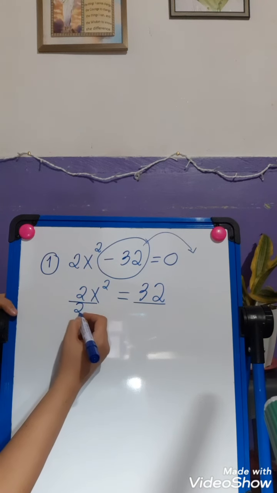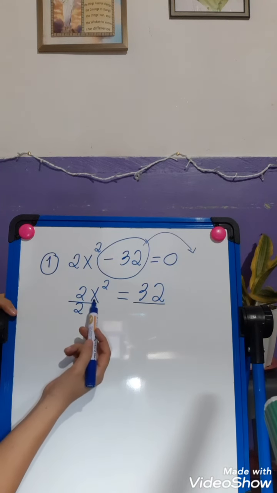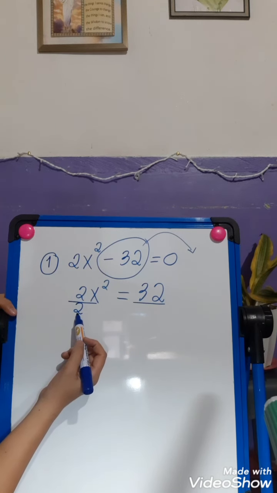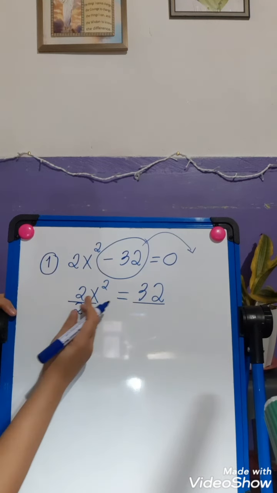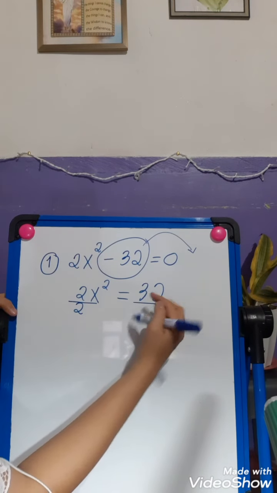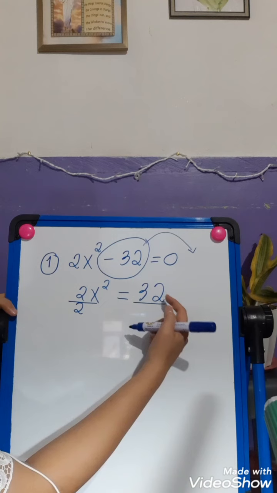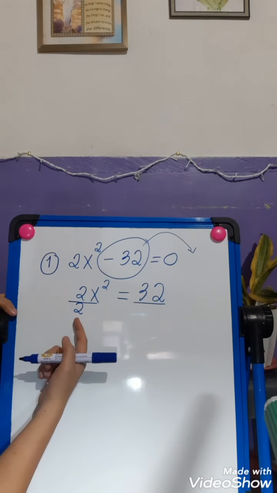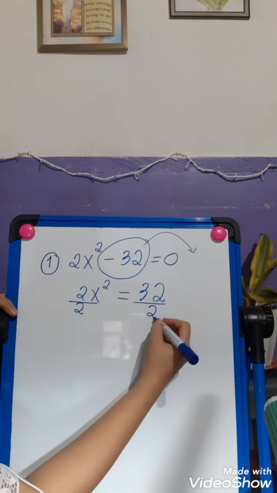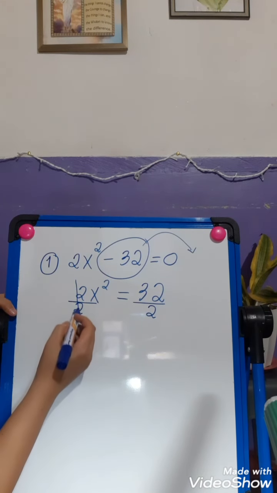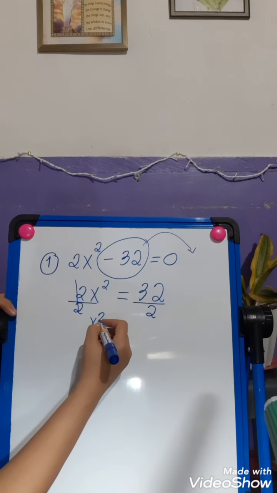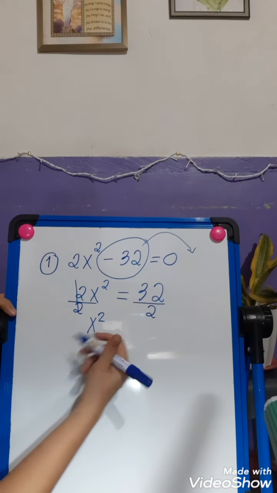So ang technique ani guys, tan-awa lang ninyo ang number nga tapad sa x squared. So, kana siya ang inyong i-divide sa both sides. So, we have 2 divided by 2, that's 1, or x squared. Understood na ang 1 dili na isulat.